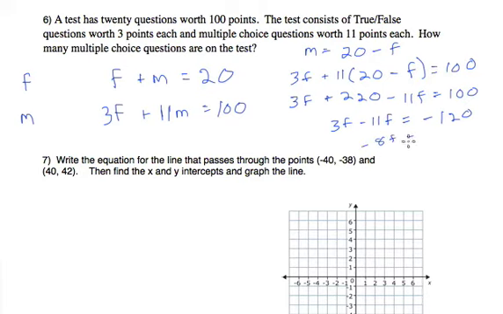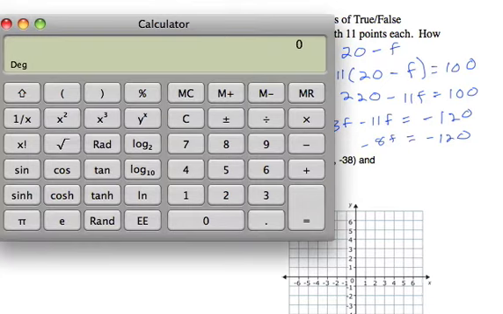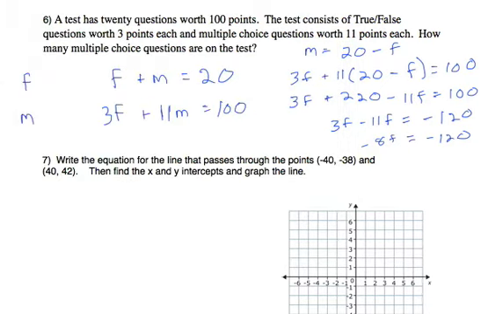Negative 8F equals negative 120. And then negative 120 divided by negative 8 gives us F equals 15.